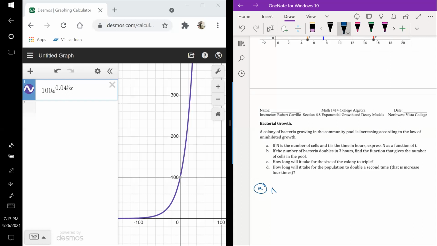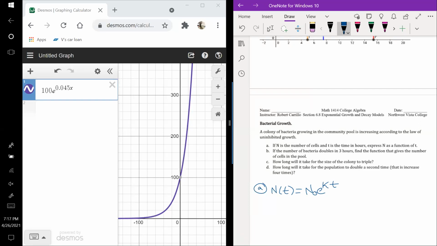So for A, it's going to be N of t equals N initial times e to the kt. Okay. So there's A. We know that this equation, this formula, whatever you want to call it, models exponential growth. Okay. So B, if the number of bacteria doubles in 3 hours, find the function that gives the number of cells in the pool.